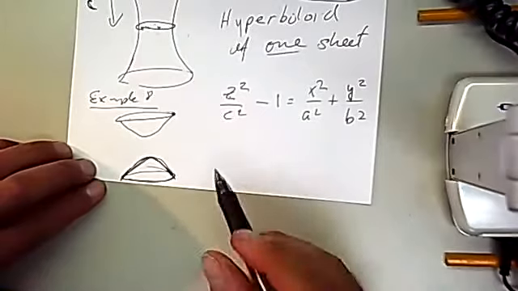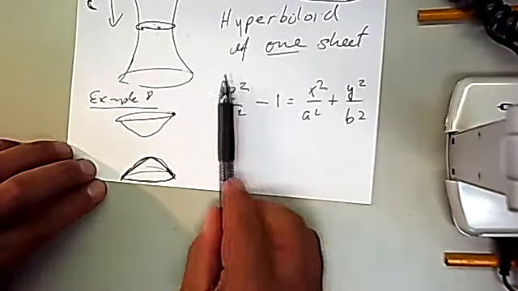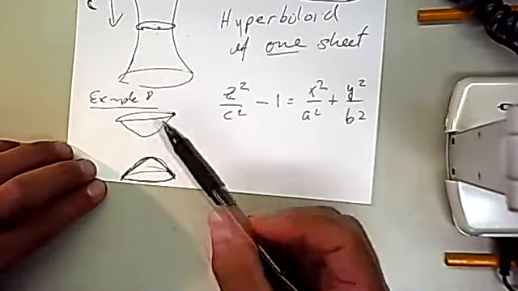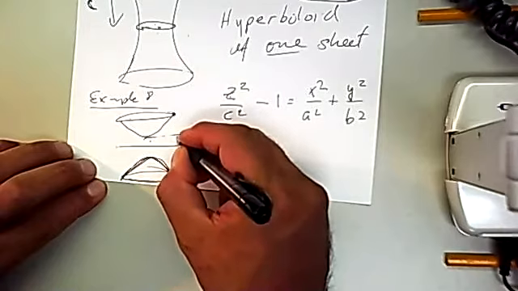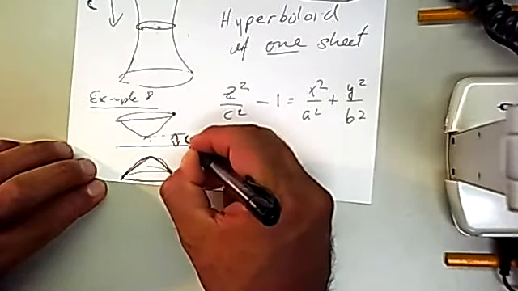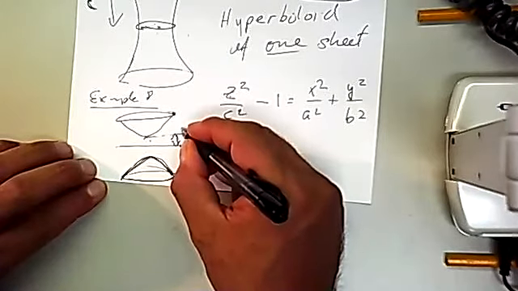Here, we don't even start with the shape until we reach c units. So the bottom of this is c units from the xy plane to get to here.